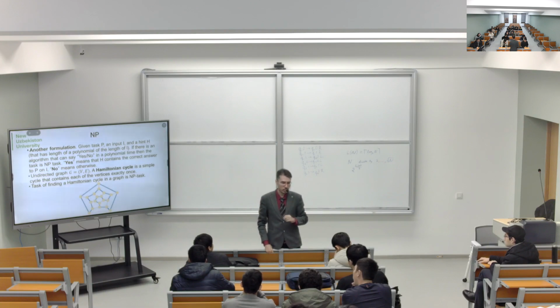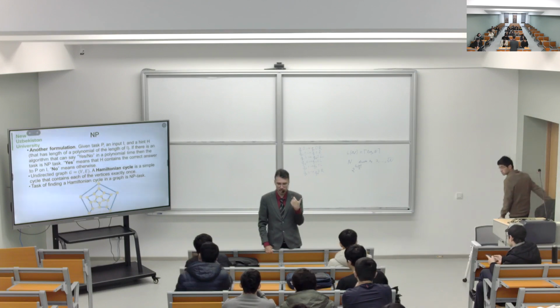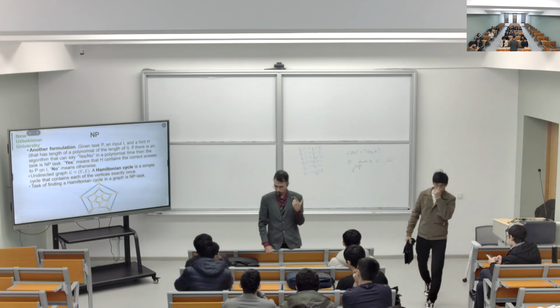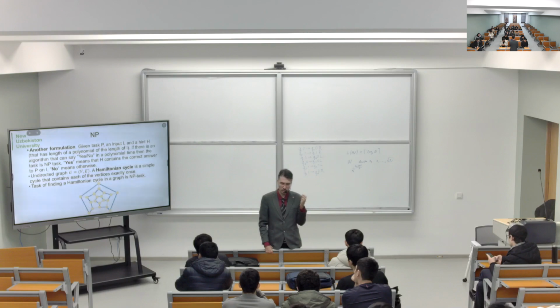If we can construct an algorithm that works in polynomial time and can say, oh, this is correct, or this is incorrect, so only answers yes or no, in polynomial time, we call this task non-deterministic polynomial.